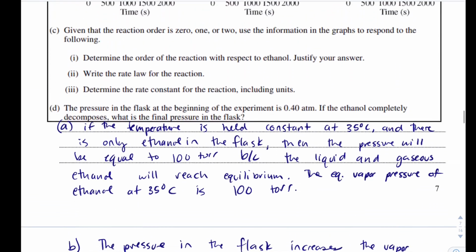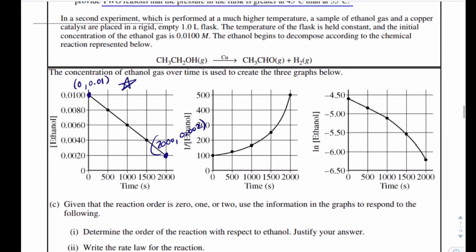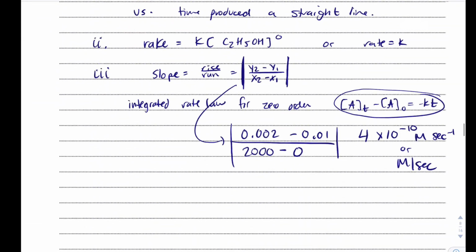Okay, last part here. D, it says the pressure in the flask at the beginning of the experiment is 0.4 atmospheres. If the ethanol completely decomposes, what will the final pressure be in the flask? So I look at this as almost like a stoichiometry problem. For 0.4 atm, we have 1 gas mole, and we are going to produce 2 gas moles, so the pressure should be double.